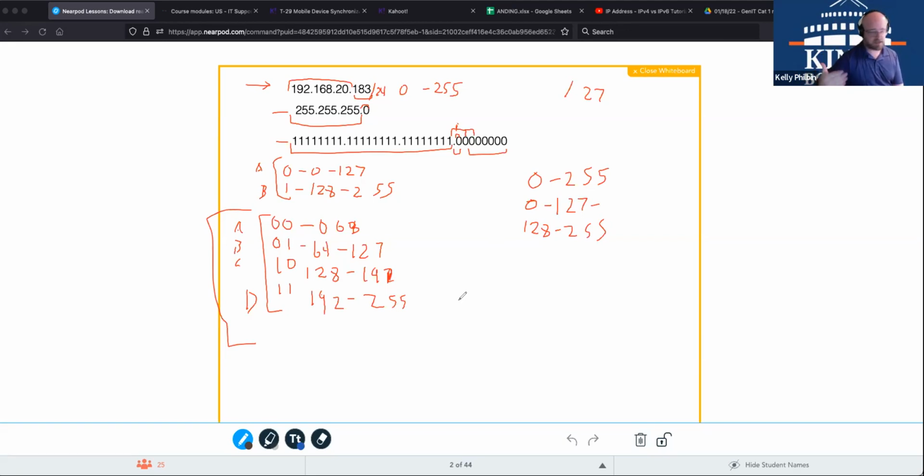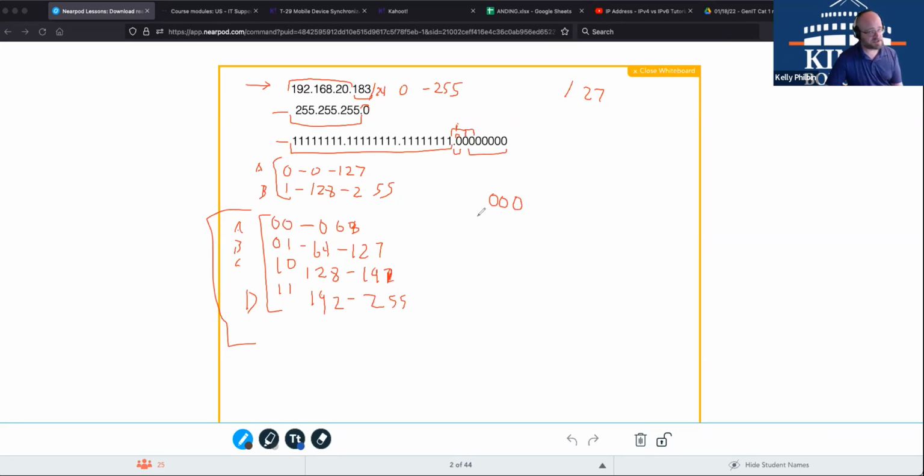Every step we take. So the next step we're doing, let's name our networks first. We have 3 bits now. So the first one we can do is 0, 0, 0.